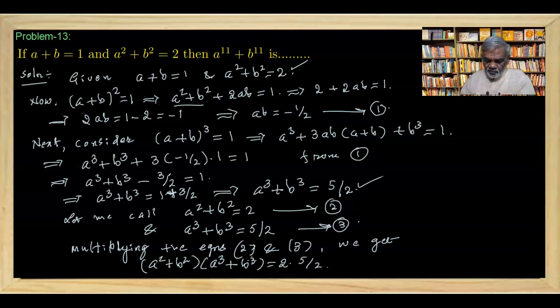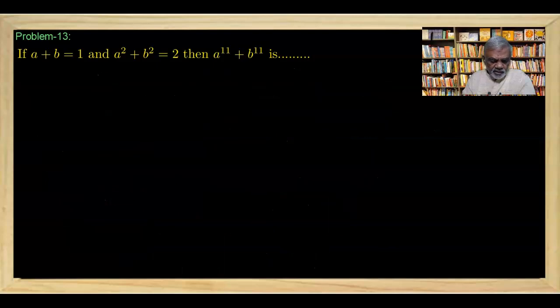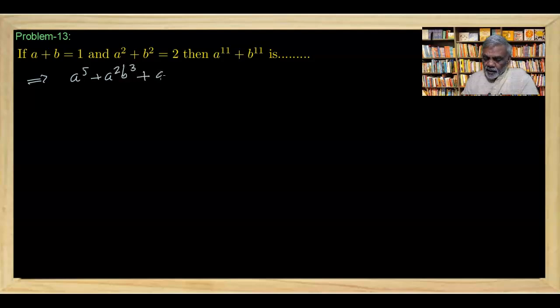And simplifying this one, what we are going to get, this implies that a raised to 5 plus a square b cube plus a cube b square plus b raised to 5 is equal to 5, because 2 into 5 by 2 is equal to 5.